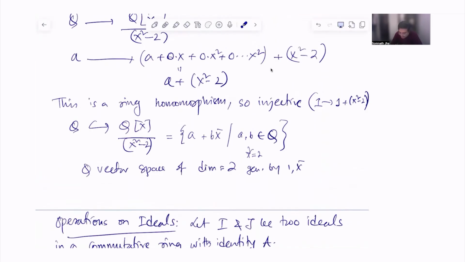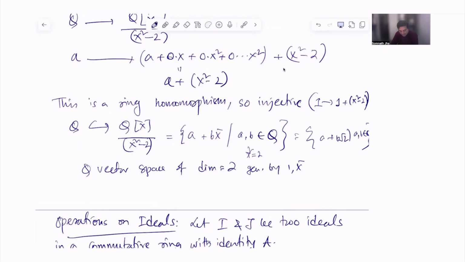So actually, what is x bar? x bar satisfies x bar square equal to 2. So x bar is in some sense nothing but root 2. So there's a canonical identification: you compare this a plus b root 2, where a, b are in Q. Here also a plus b x bar, we can write all these elements in this notation, because whenever you have x bar squared, you put 2, because that's what you are quotienting by.